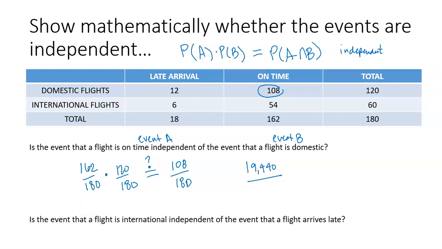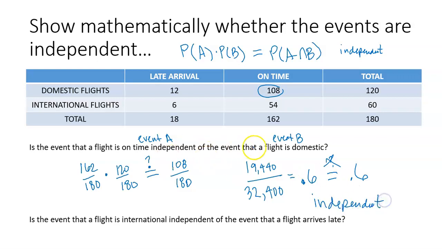So 180 times 180 equals 32,400, which comes out to, let me check, 19,440 divided by 32,400, that is equal to 0.6. So now we need to check, does 0.6 equal 108 divided by 180? And that's equal also to 0.6. I just checked it. So they are equal, and so these are independent events.